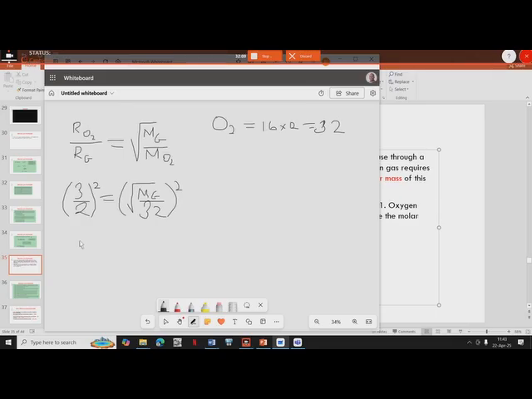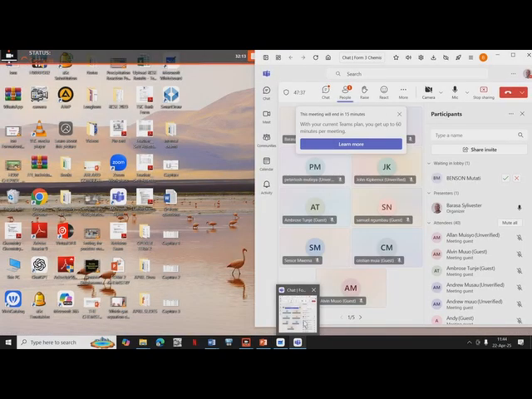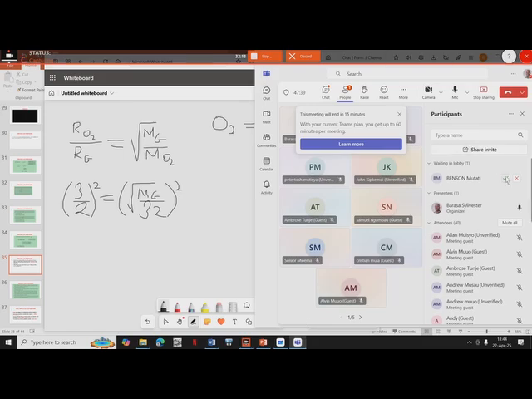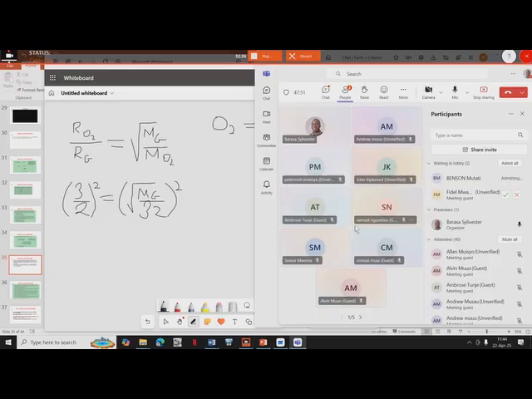Then 1.5 squared should be equal to what? 1.5 times 1.5. We are squaring. 22.5. Confirm, please. Is it 22.5?